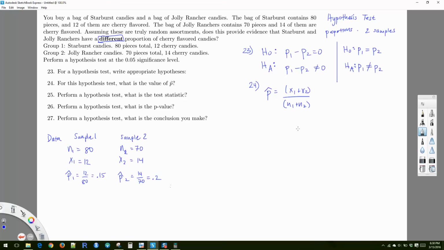Okay, and so what I'm going to have here, x1 is 12, x2 is 14, n1 is 80, n2 is 70. I've got 26 over 150. My p hat is 0.1733.